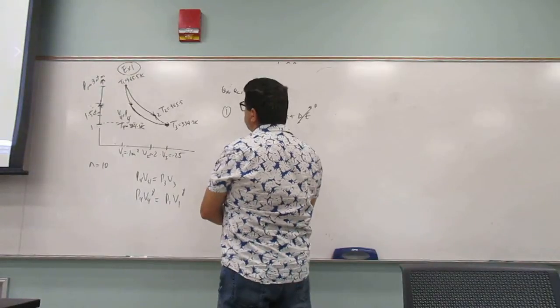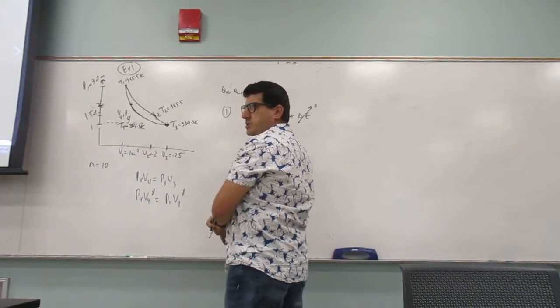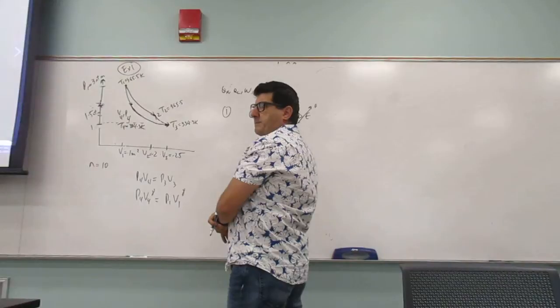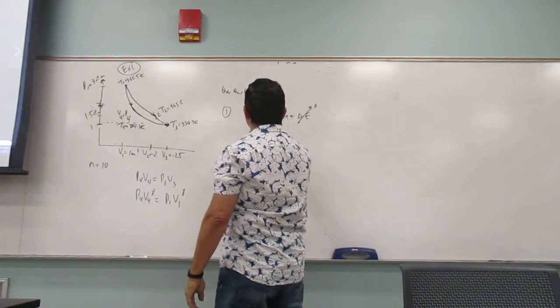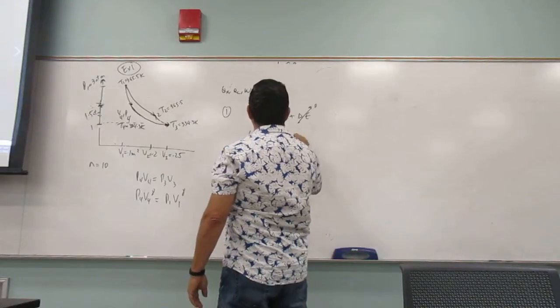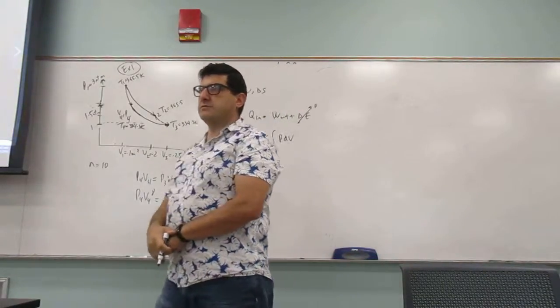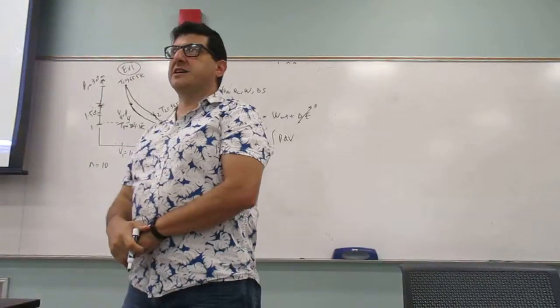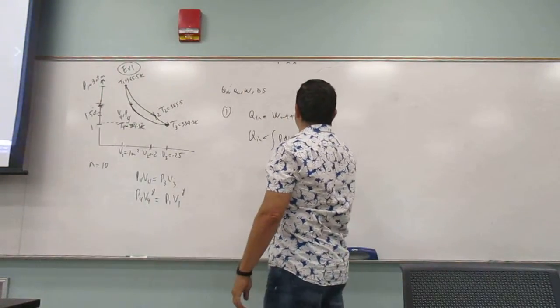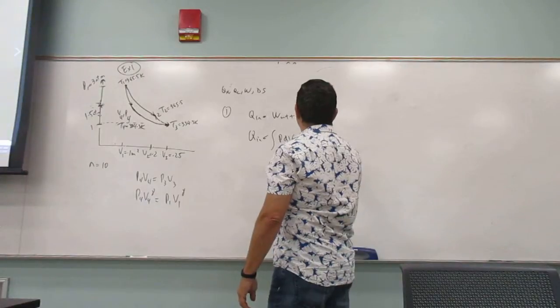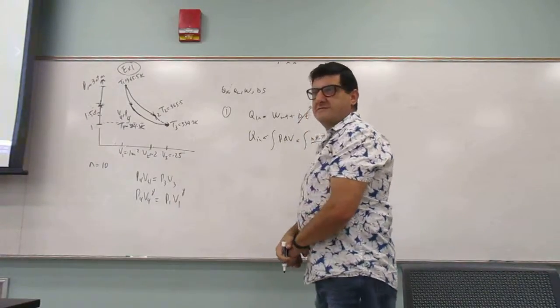So what's the work done by the gas in an isothermal process? The integral of PdV, right? And then P is going to equal nRT over V, dV, right?